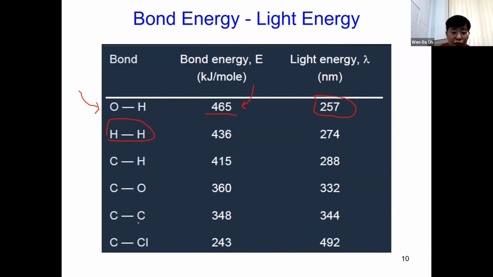The weakest one will be this CCl bond, which needs only 243 kilojoules per mole to break. So light energy corresponding to this CCl bond will be 492 nanometers. So the higher the energy that you have, like for example 465, the lower the wavelength. This is the inverse relationship.